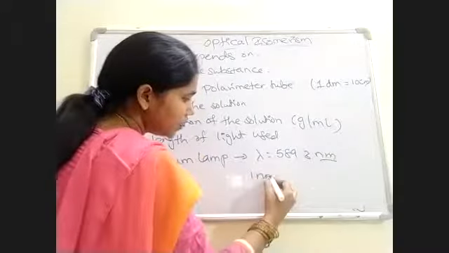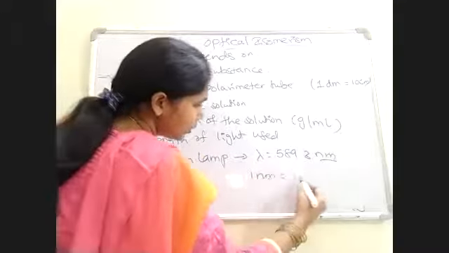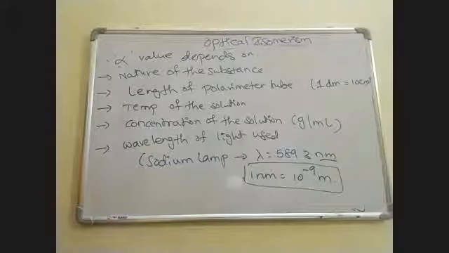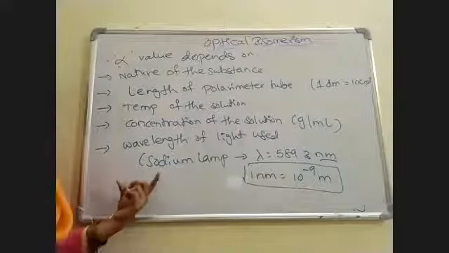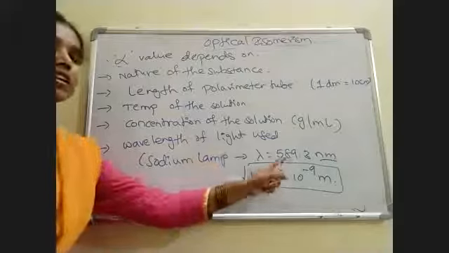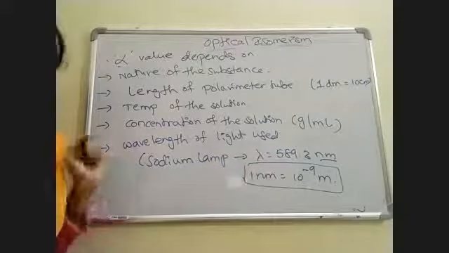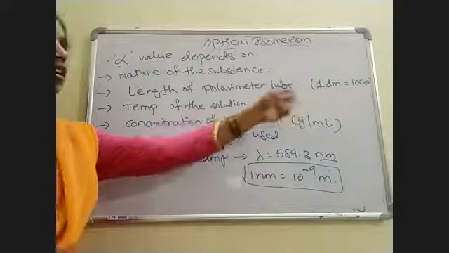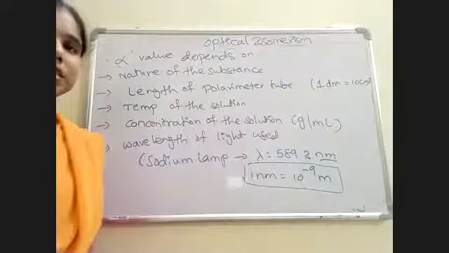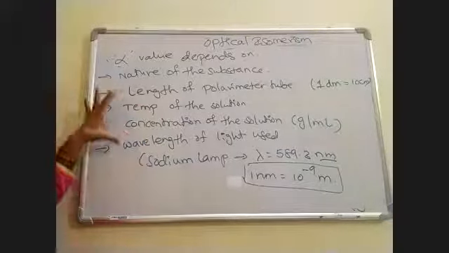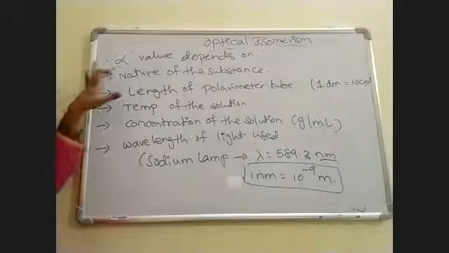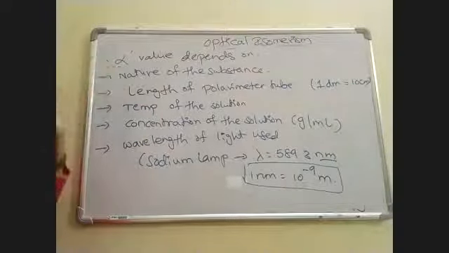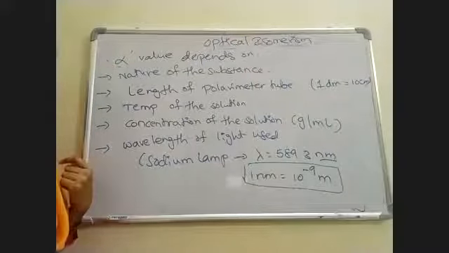Remember, 1 nanometer is equal to 10 to the power of minus 9 meters. So we are projecting a light source of wavelength 589 nanometers in the polarimeter tube, and we take the length of the polarimeter tube to be 1 decimeter. If you change any one of these values, the alpha, that is the angle of rotation, changes.